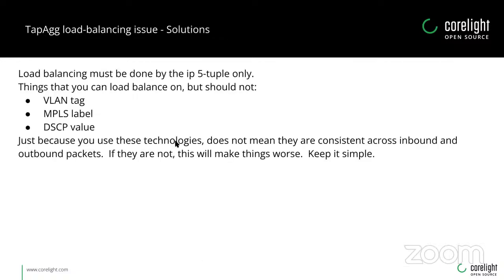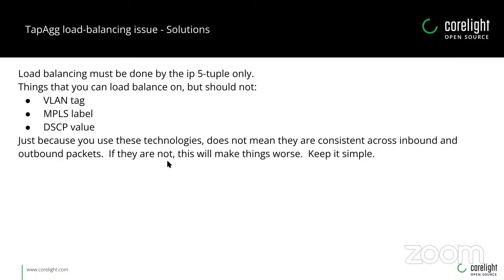So why do you have this problem? And this also ends up being very common. When you set up a TAPAG to do load balancing for the purposes of things like Zeek or even Suricata, you really need to only load balance on the 5 tuple. So, right, TCP or UDP, and then the IP addresses and the ports.